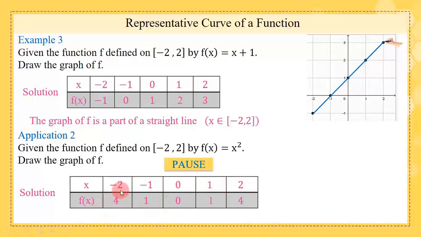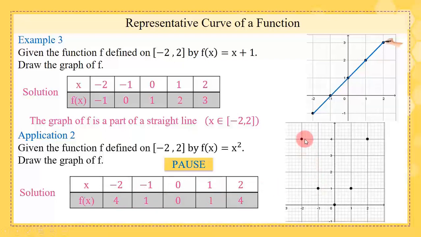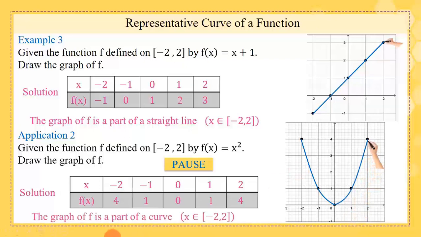For x equal minus 2, f of minus 2 equal 4, and so on. Now we locate these points on the orthonormal system. After locating the points, we start joining these points in increasing order. So we get a curve since the points are not collinear. This is the curve of f. So the graph of f is a part of a curve.